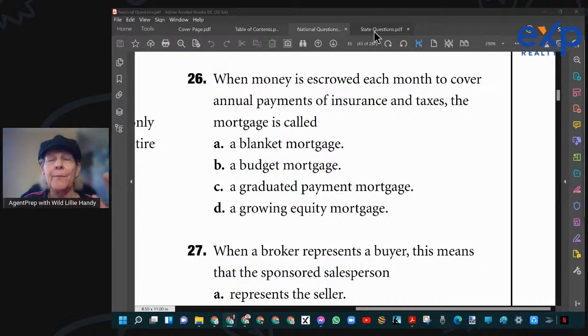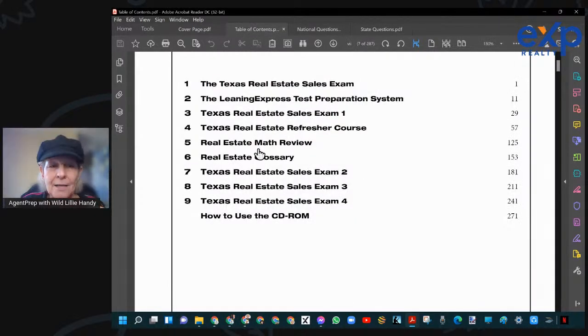Now, what am I going to stress right now? A lot of you miss some of these questions because of vocabulary. Vocabulary, vocabulary, vocabulary. Glossary, glossary, glossary. This book has a lot of glossary and it starts on page 153. Download this book or Google it online.